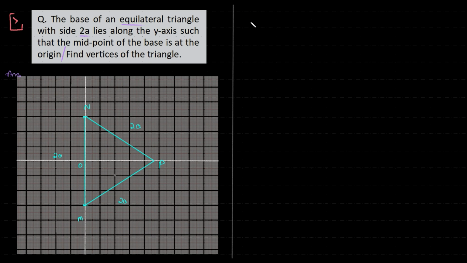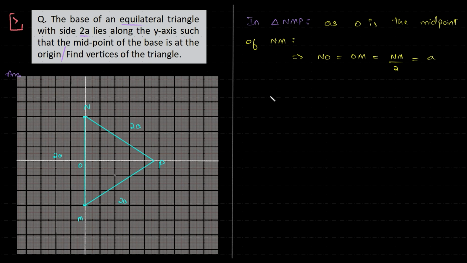Now, how will we answer this? In triangle MNP, what is that we are looking at? So we are looking at, as O is the midpoint of NM, what can we infer from this? NO is equal to OM, which is equal to NM by 2, which is equal to a. Right?